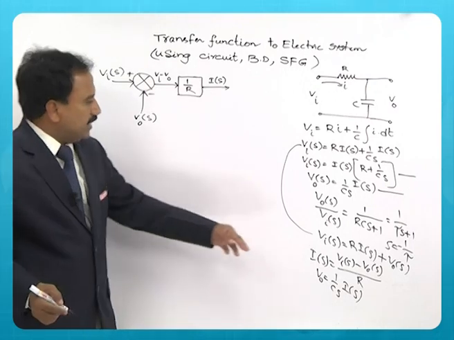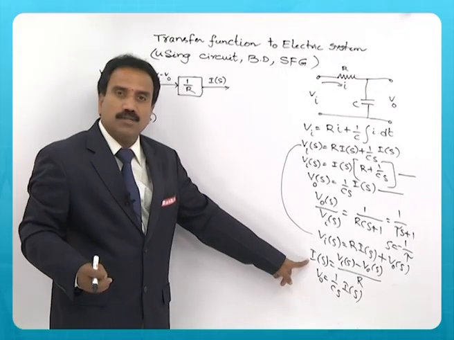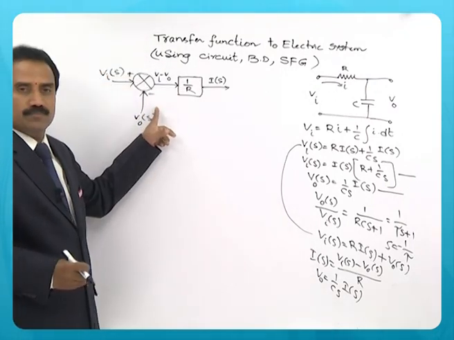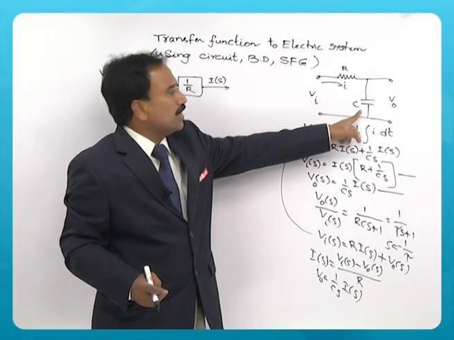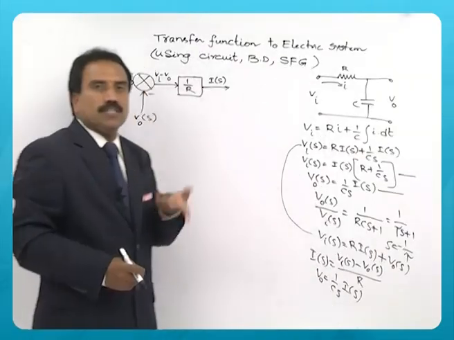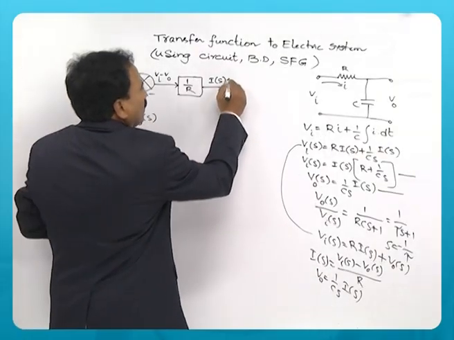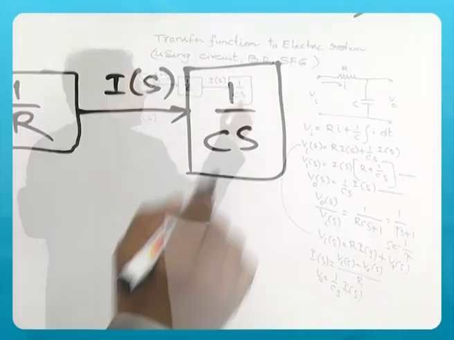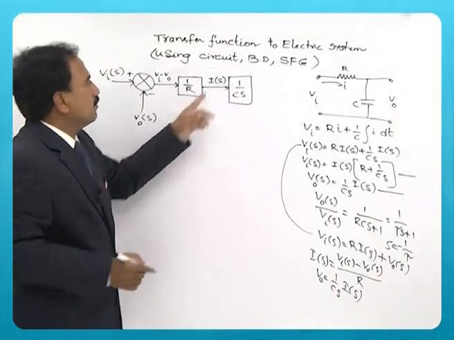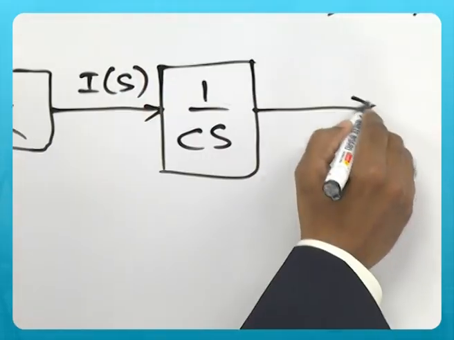So the current can be obtained. You can see that this equation is represented in the form of a block diagram. Now when this I of s flows through the capacitor, the output voltage V0 is developed. So 1 by Cs times I of s gives V0 of s.